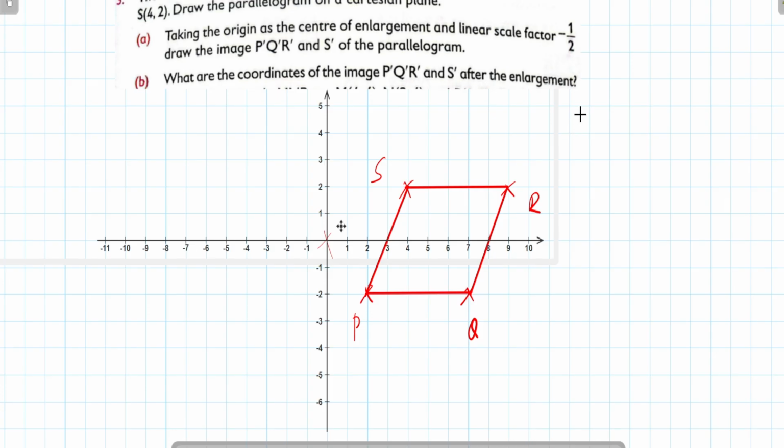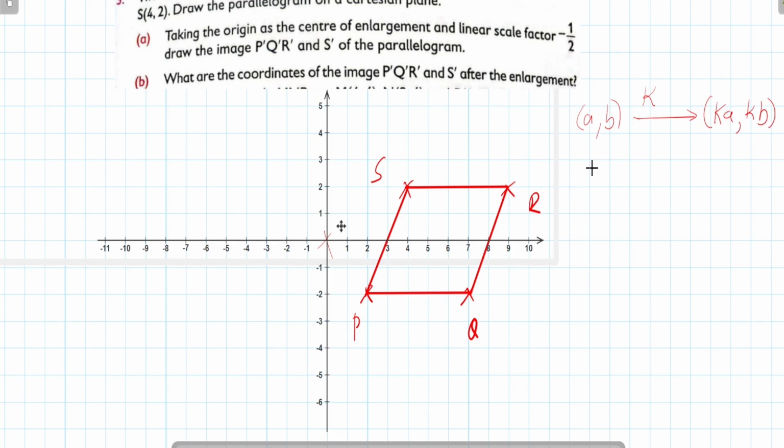Because if you have a point (a, b) and you want to get an image with a scale factor of k, then the image is going to be (ka, kb).